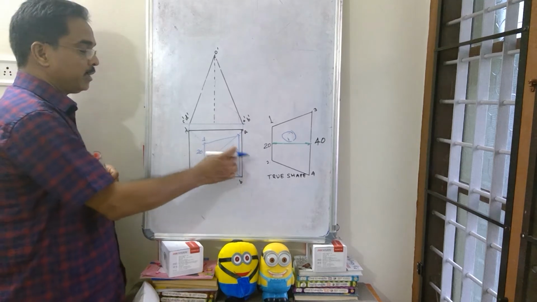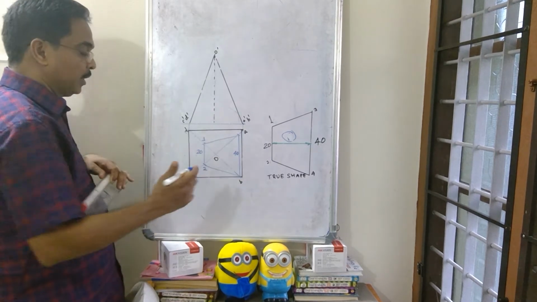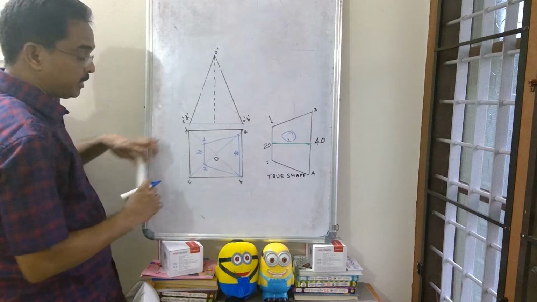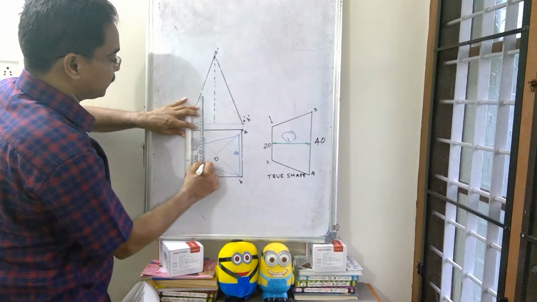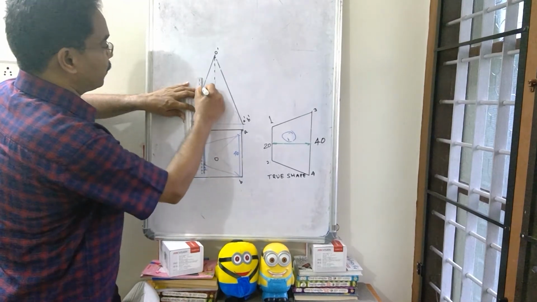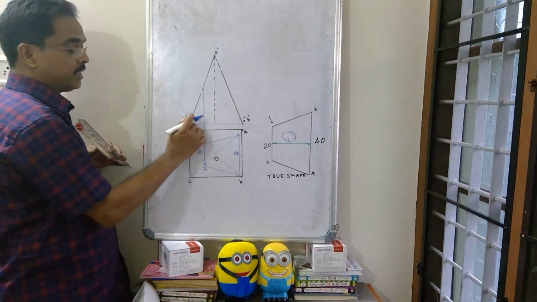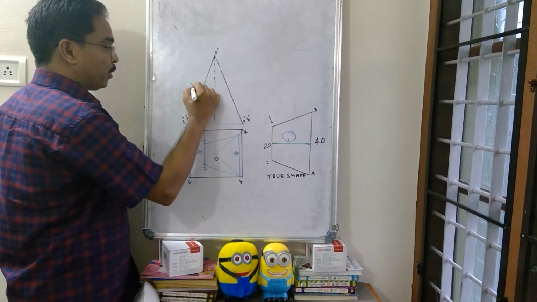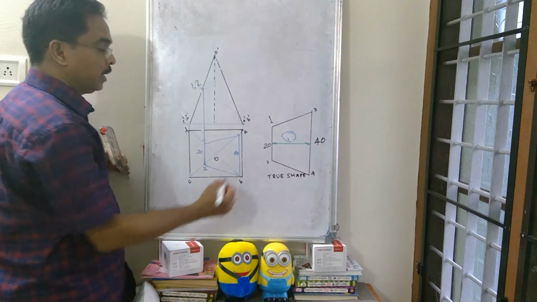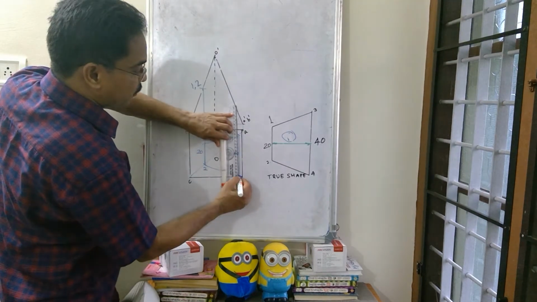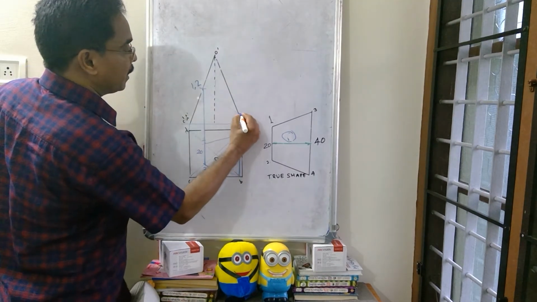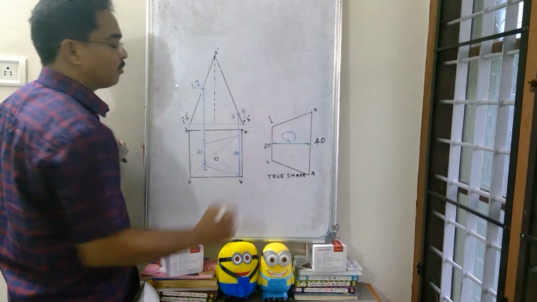And how will you locate the cutting plane? This is being cut at OD and OC. So project this point up, and it will meet O dash C dash and O dash B dash. So that point is 1 and 2. And project this point up, you'll be getting 3 and 4.